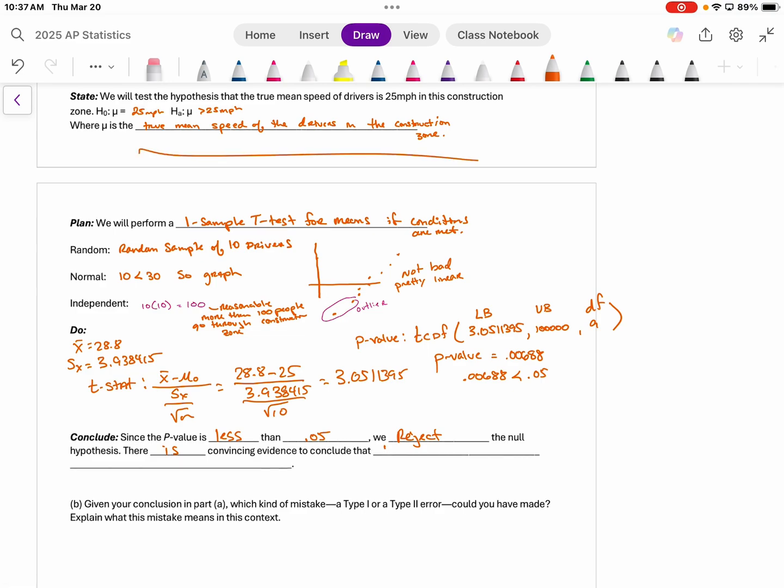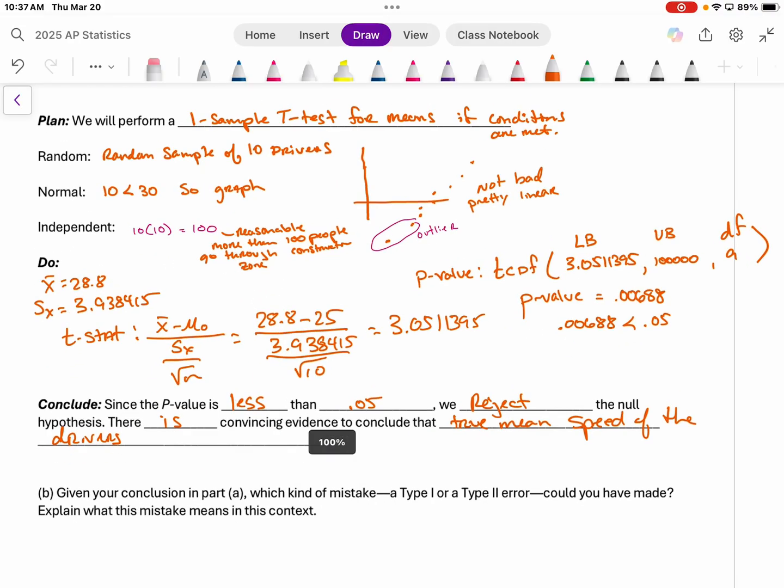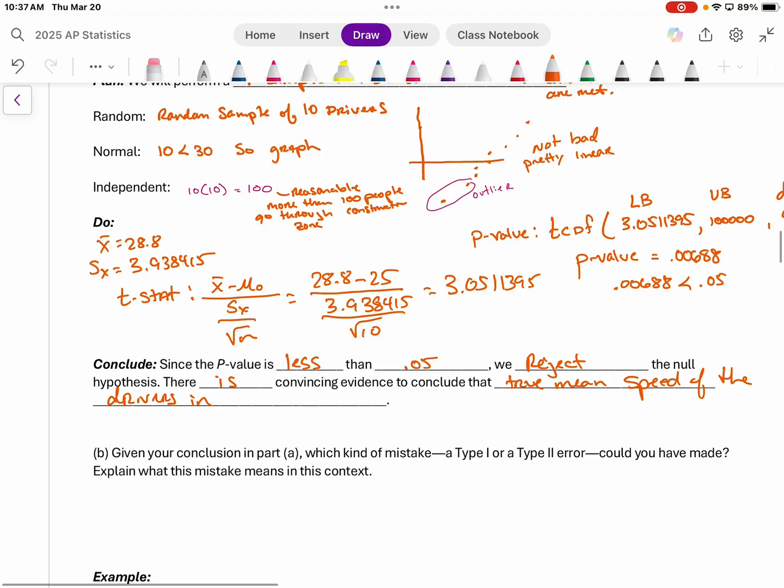The true mean speed of the drivers in the construction zone is more than 25 miles per hour.